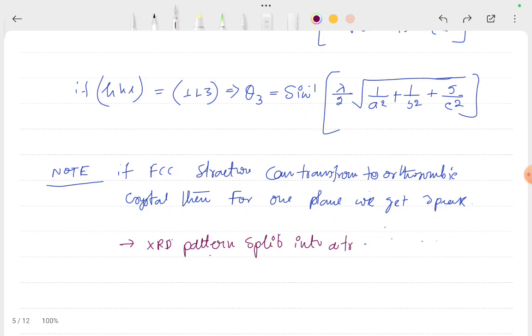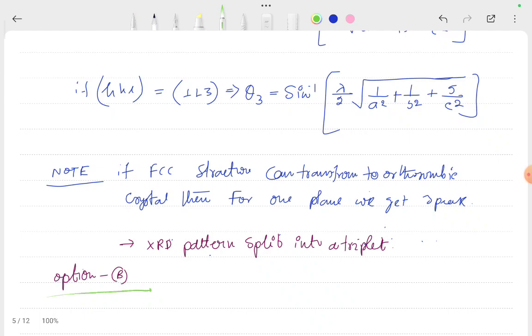Be careful, okay? Triplet. So for this question, we get option B.